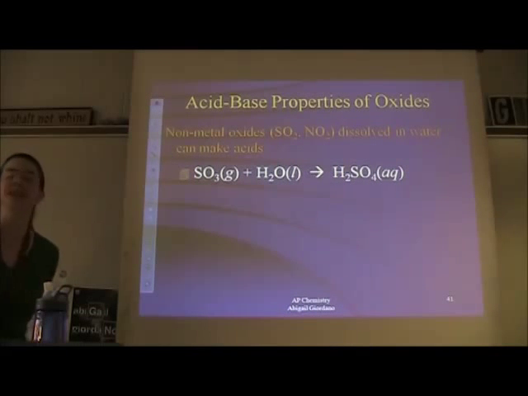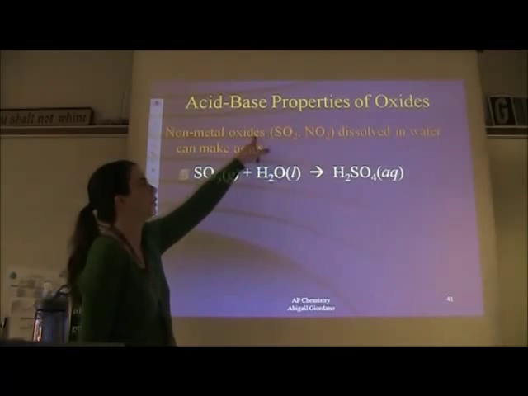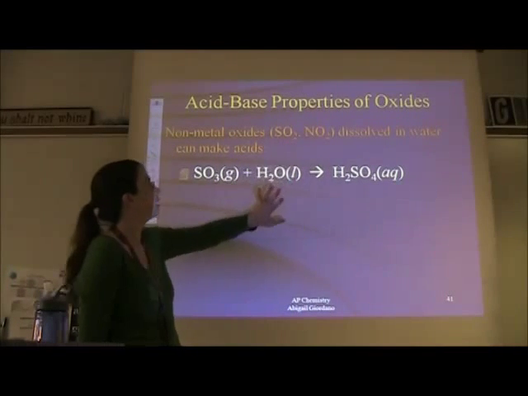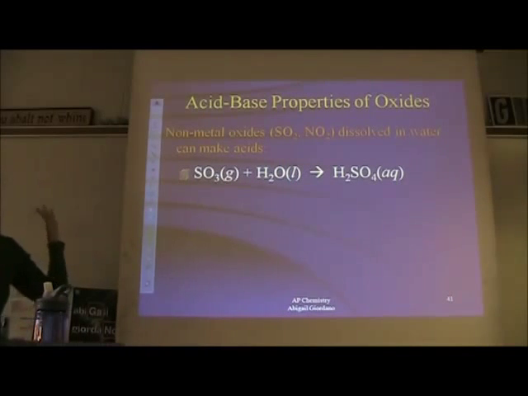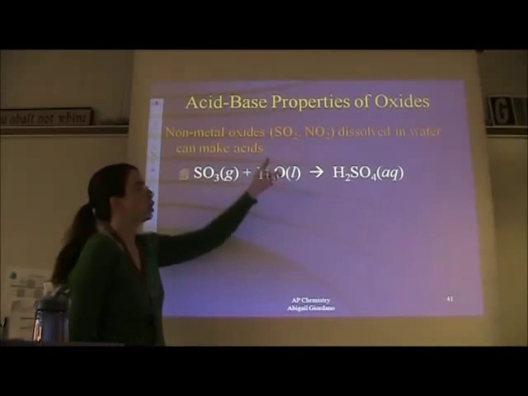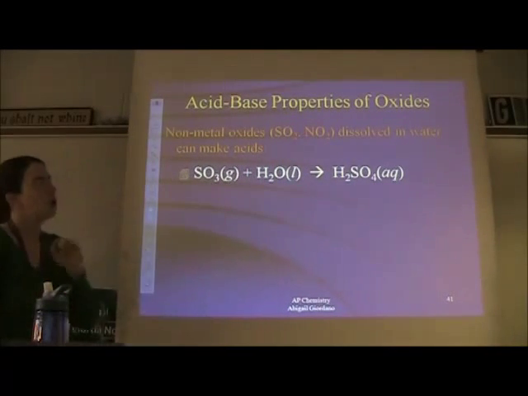If you ever see a situation where a non-metal oxide, don't overthink that, it's exactly what it sounds like. A compound with a non-metal and oxygen, SO2, NO2, NO, CO, carbon dioxide, any non-metal and oxygen added to water creates an oxyacid.